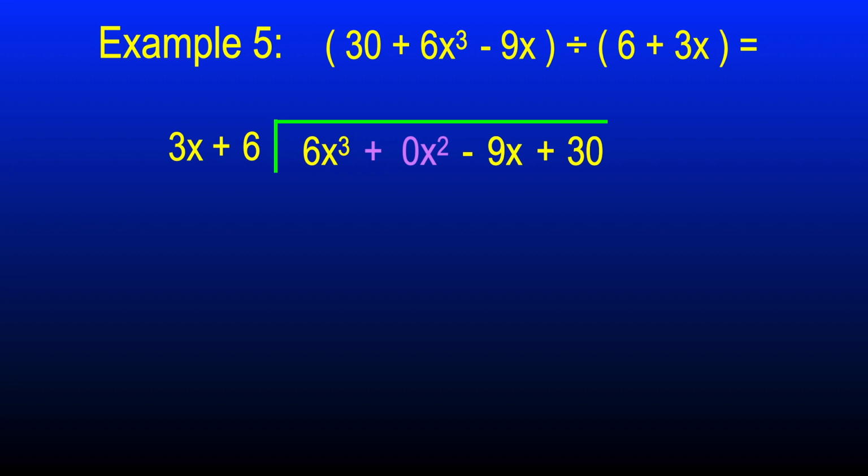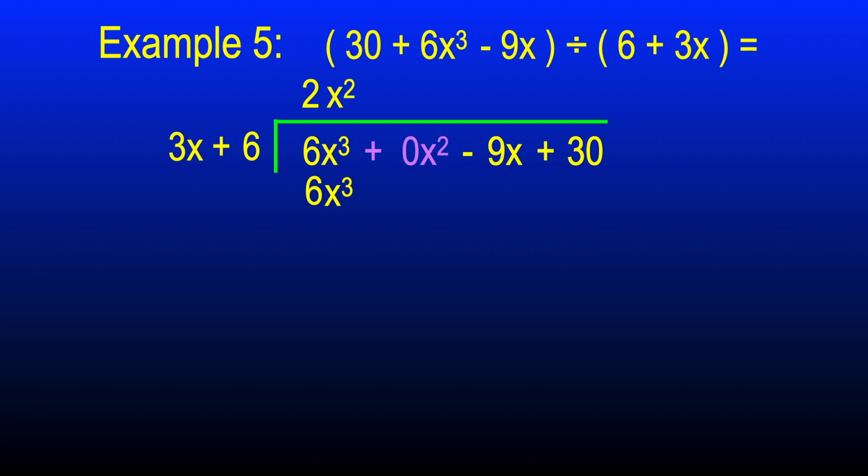And then, divide the first term of the dividend by the first term of the divisor. 6x cubed divided by 3x. The quotient is 2x squared. And then, multiply dalawang beses. 3x times 2x squared is 6x cubed.